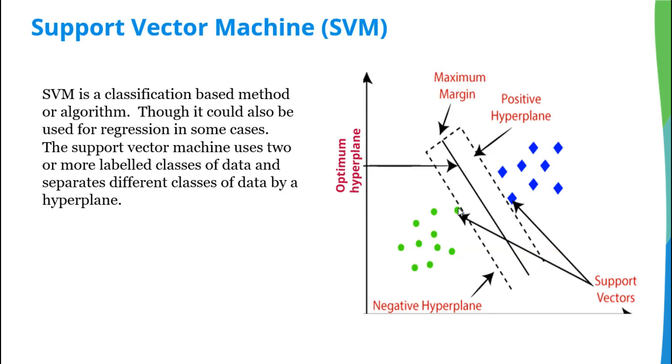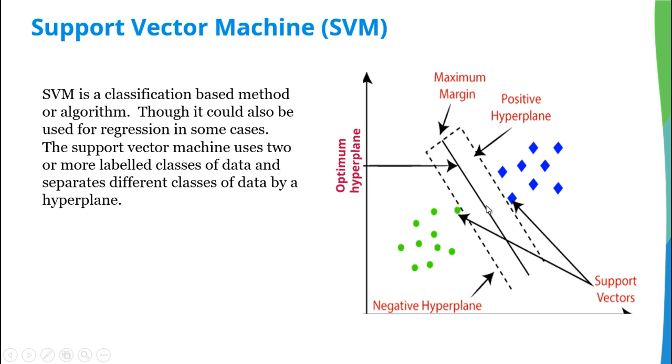So we have SVM, support vector machine, an algorithm that could also be used for regression in some cases. It uses two or more labeled classes of data and separates the different classes of data by what is called a hyperplane. All right. So this in the middle here is called the hyperplane. So that's how it separates data. We have a maximum hyperplane and a minimum hyperplane. So now we generate the optimal hyperplane in the middle here.